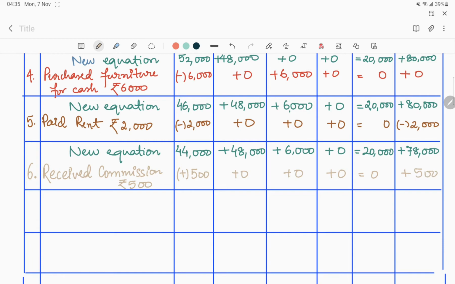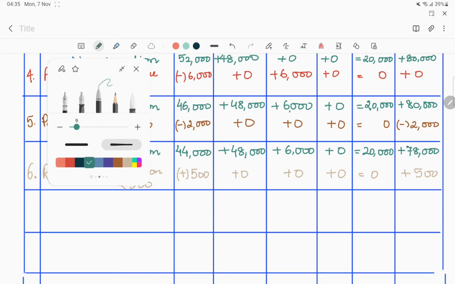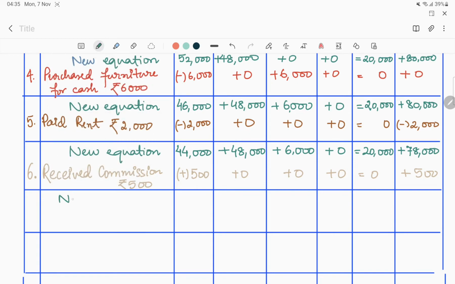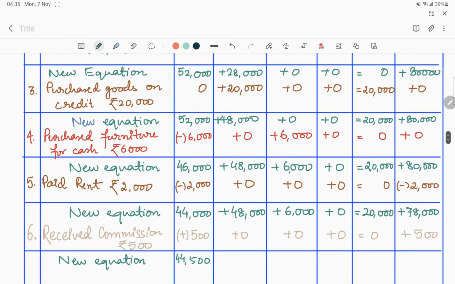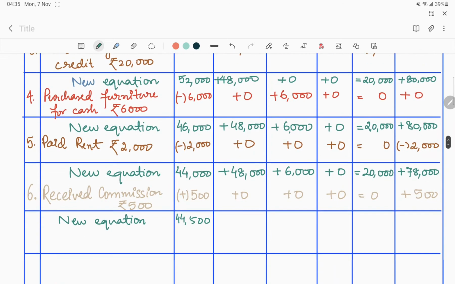Let's write the new equation after the sixth transaction. It becomes 44,000 plus 500, 44,500. Stock 48,000, furniture 6,000, debtor 0, liabilities 20,000, capital 78,500.